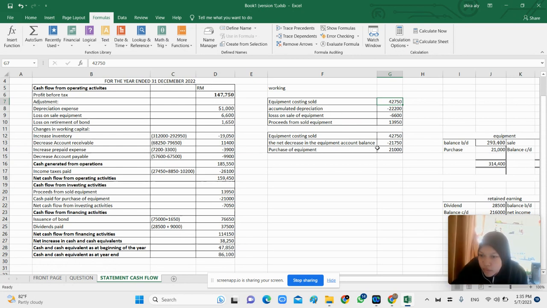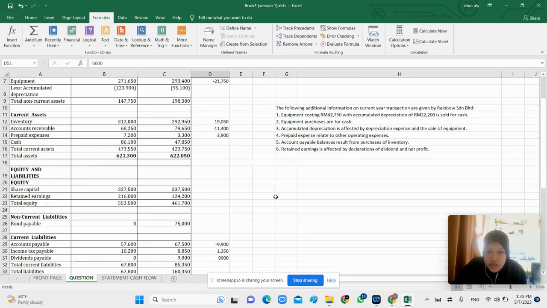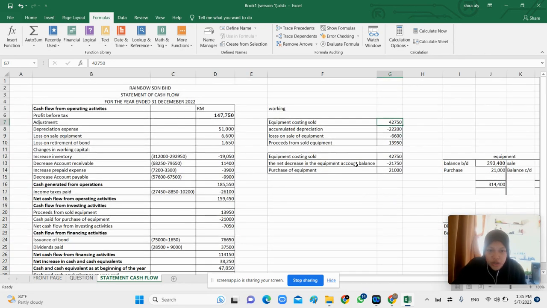We will go to the second additional information, which is equipment purchased for cash. So we have to find how much cash we paid to purchase equipment. So we have to do some working as well. We have equipment costing sold minus the net decrease in the equipment account balance.